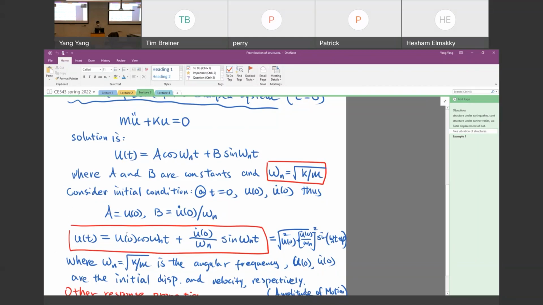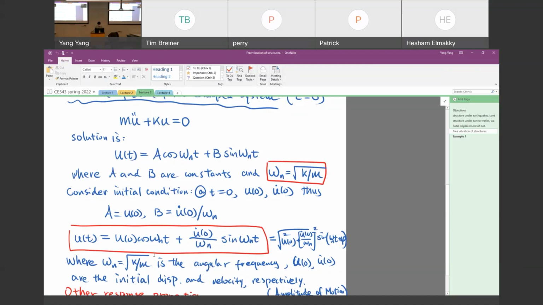So this is the displacement when time t equals 0, and also related to the initial velocity, we use u0 dot. For omega n, that's the natural angular frequency. It can be calculated as square root of k over m.